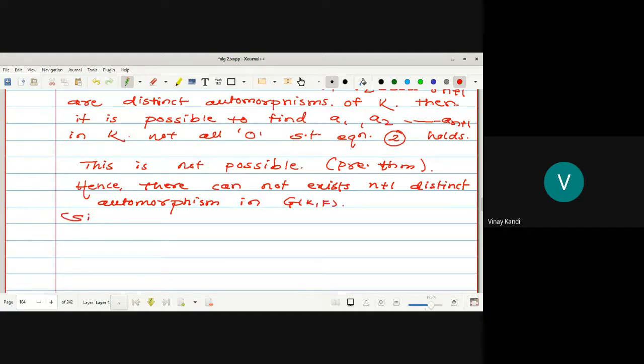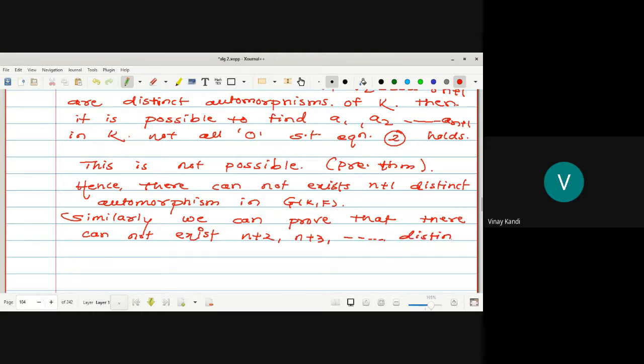Similarly, we can prove that there cannot exist n plus 2, n plus 3, up to so on infinitely many distinct automorphisms in G(K/F).